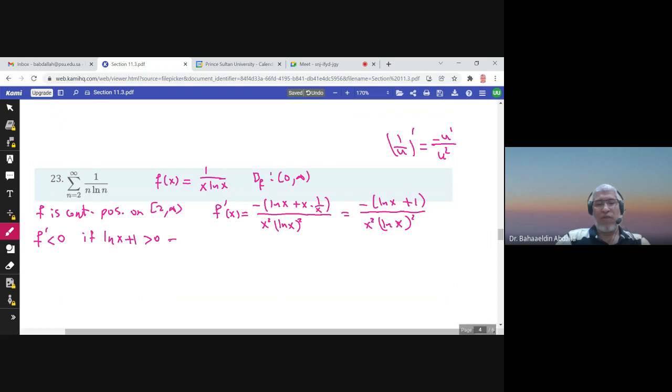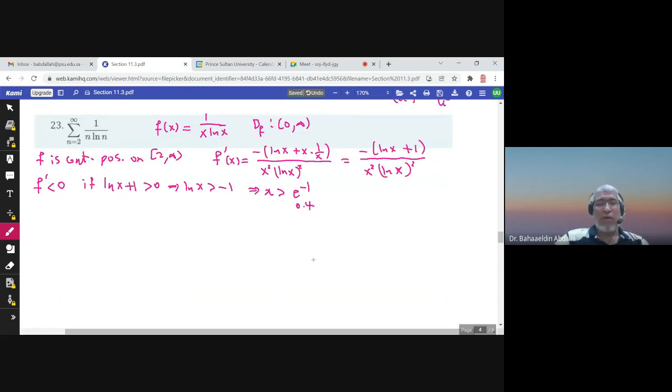Let us solve this inequality. ln x is greater than negative 1, raised to the base e. So x is greater than e to the power of negative 1. Well, 1 over e is a small number, about 0.4.